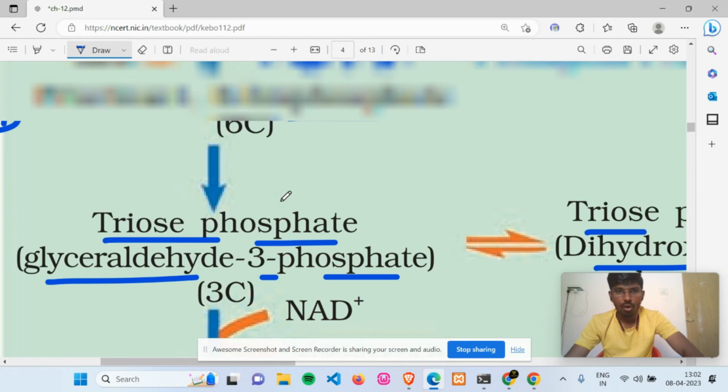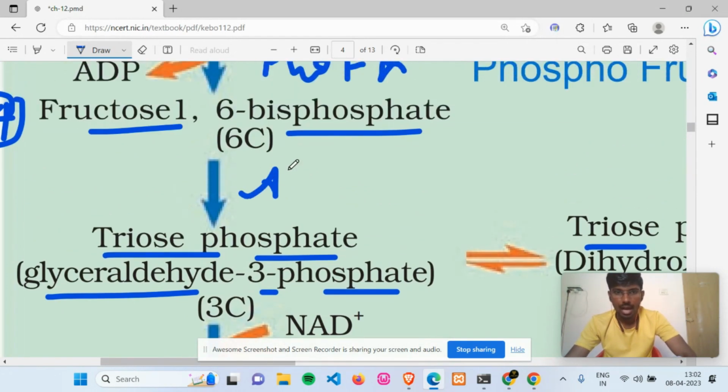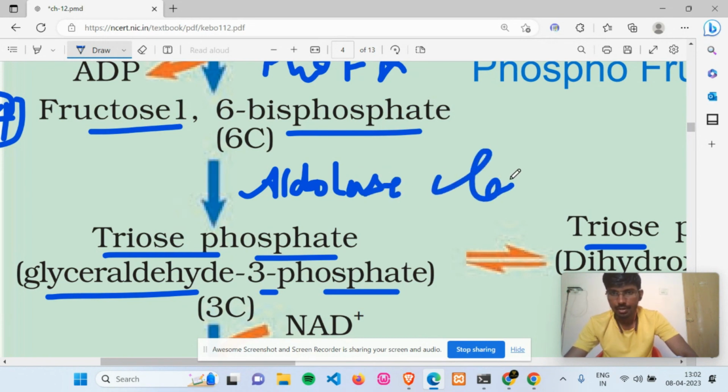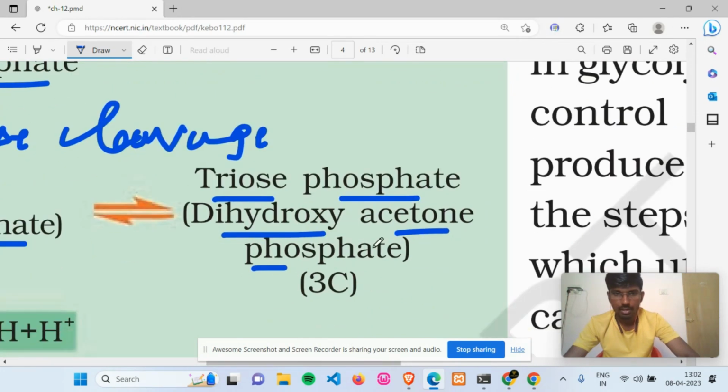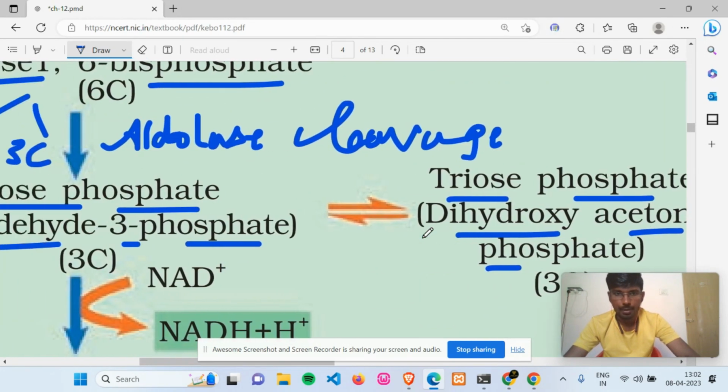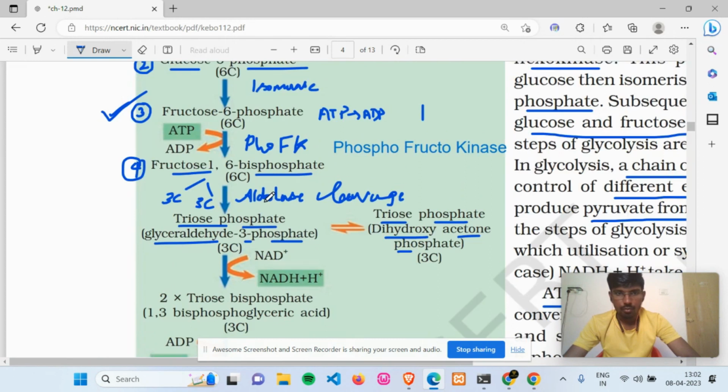What enzyme is it using? Aldolase enzyme. Here it is known as a cleavage. It is cleaving this phosphate into 3 carbon components. One is an aldehyde component, glyceraldehyde. Another one is a ketone component, dihydroxyacetone phosphate. This is the fourth step.